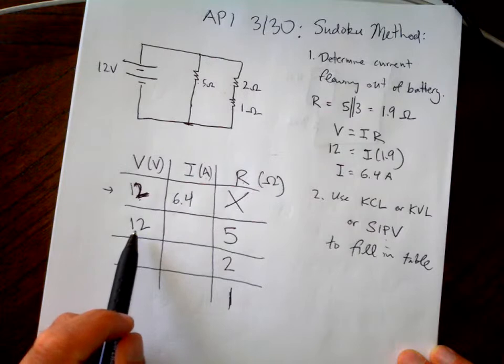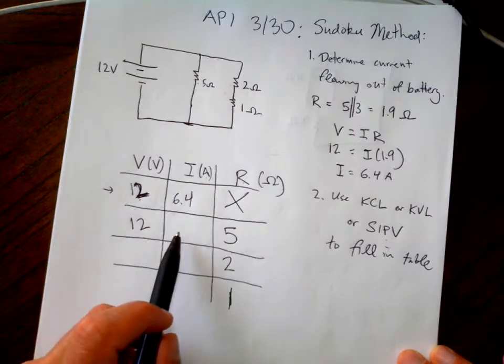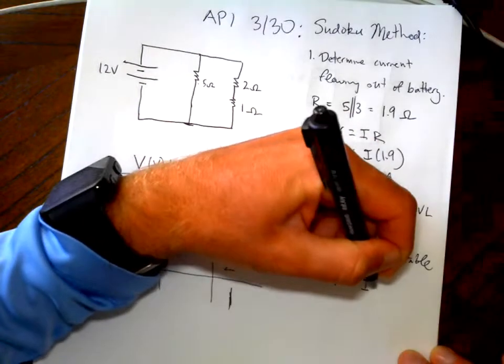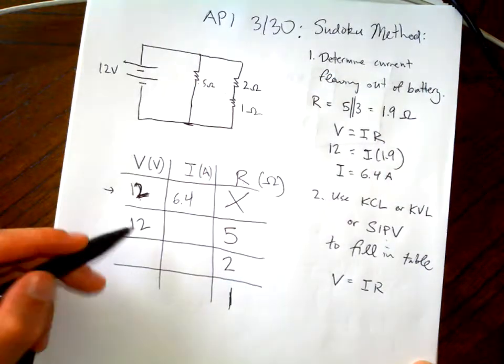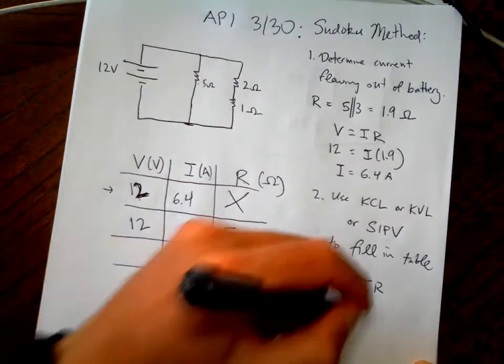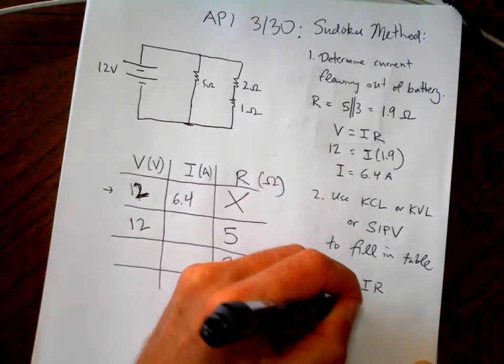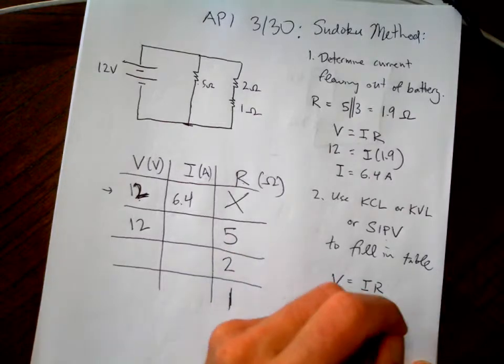Now, anytime I have 2 parts of a row, I can use Ohm's law to get the third part. So using V equals I times R, the voltage is 12, and the resistance is 5.